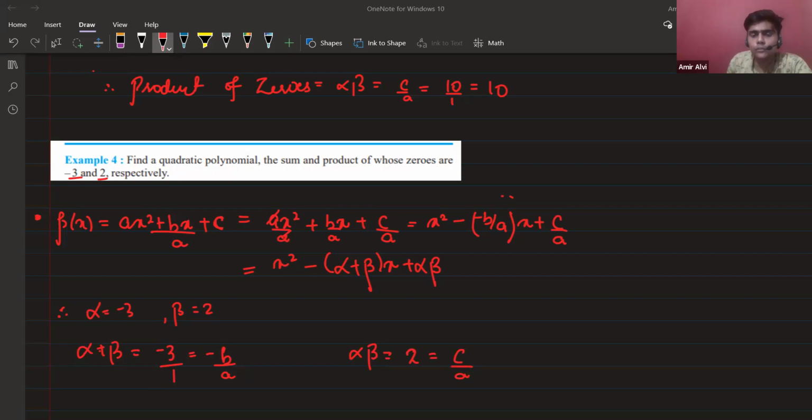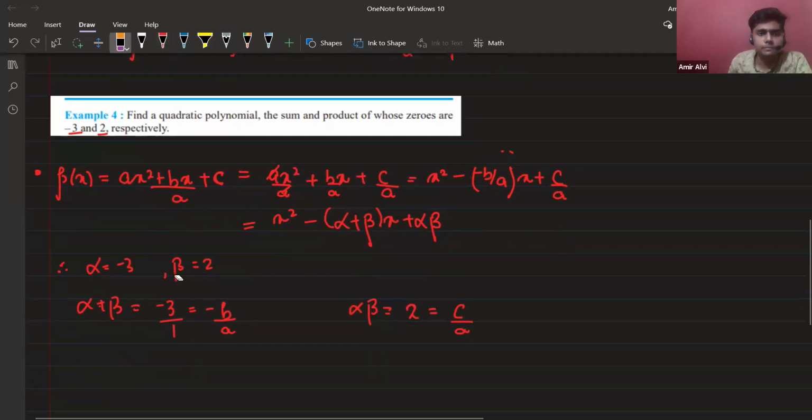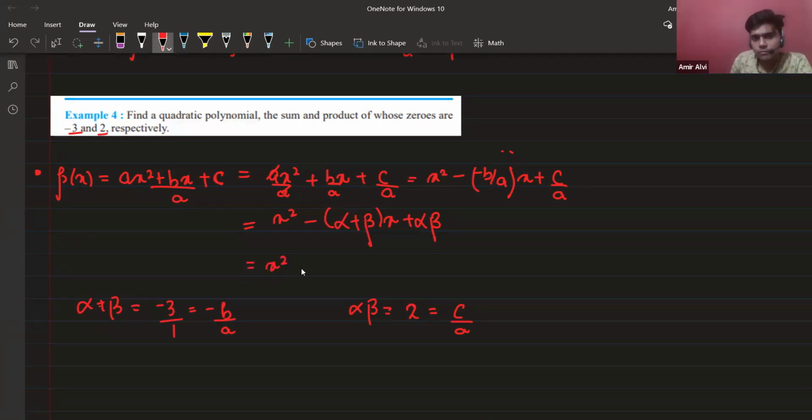Is this clear to all of you? Yes, sir. Let me take this step here and directly write it here. Now put this in the equation: x square plus 3x plus 2.